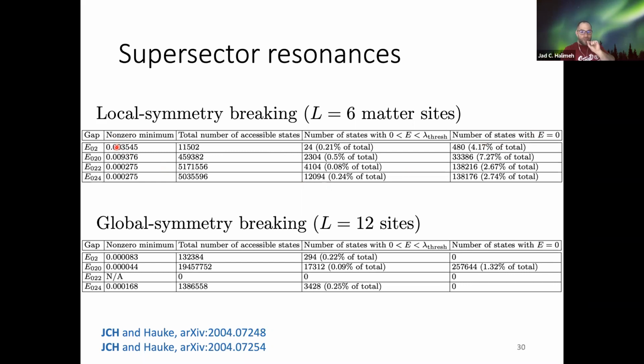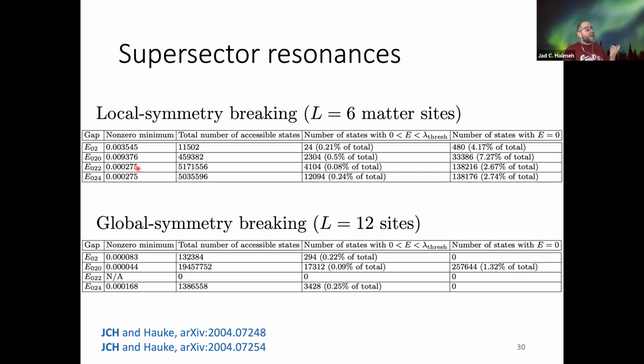The bad things for these pre-thermal plateaus are these non-zero minima between 0 and lambda threshold. So lambda threshold, we set it as 0.01 for this table, 0.01J. You see that the non-zero minimum here is roughly 2 orders of magnitude bigger than the corresponding transition non-zero minimum in the global symmetry breaking case.